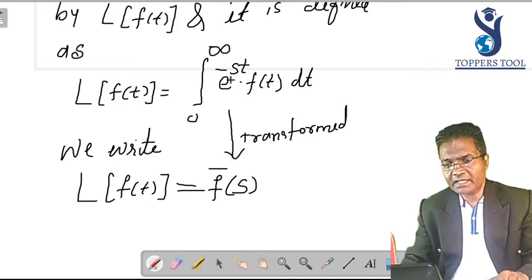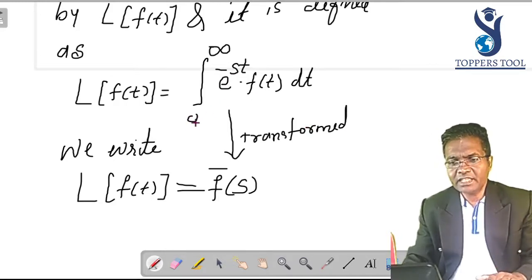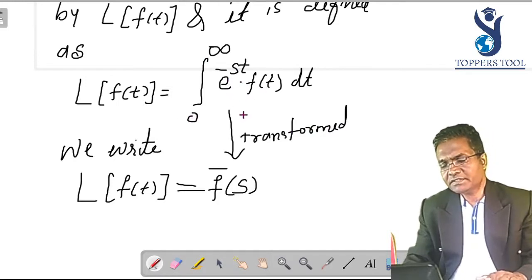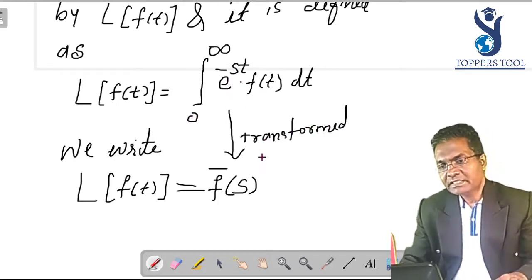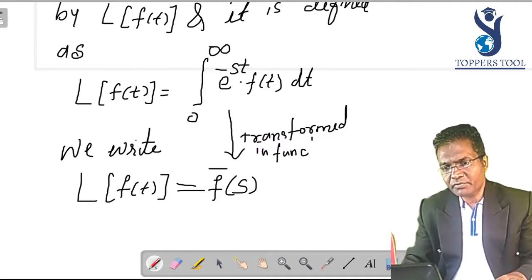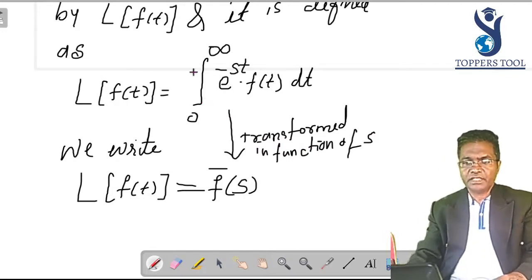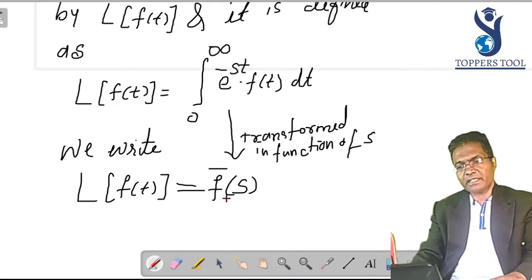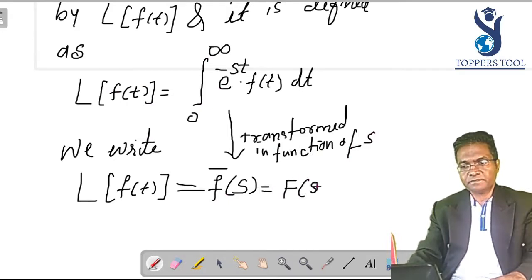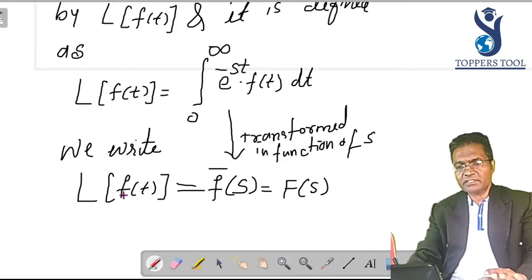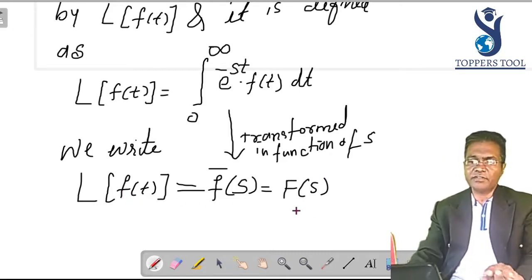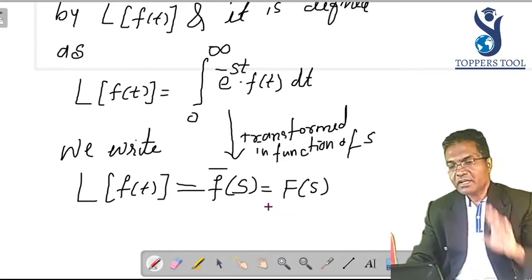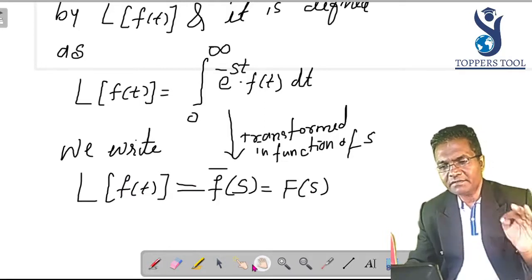When you integrate and apply the limits 0 to infinity, this function turns into a function of s. That is why we write L of f of t as f bar s, or in some texts you find capital F of s. So the Laplace transform of any function gets transformed into a function of s. This you have to remember, and the rest of the thing is very simple.